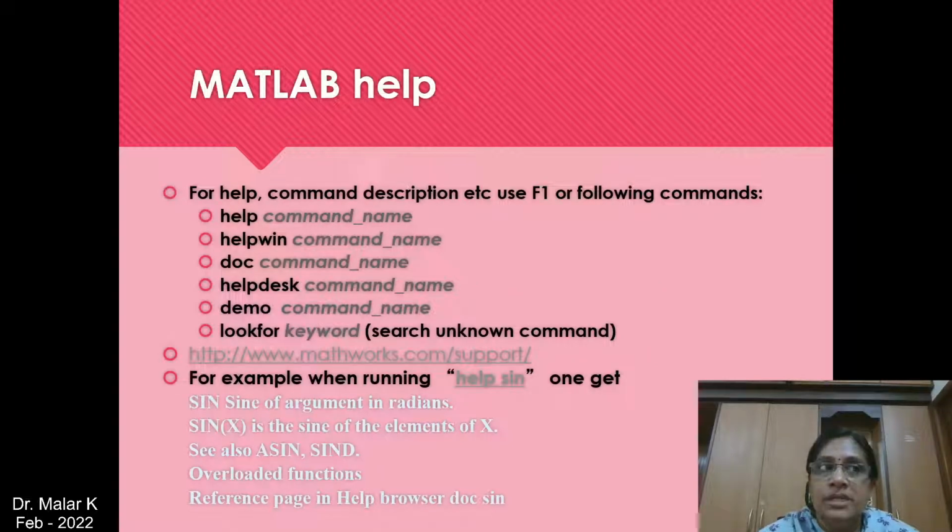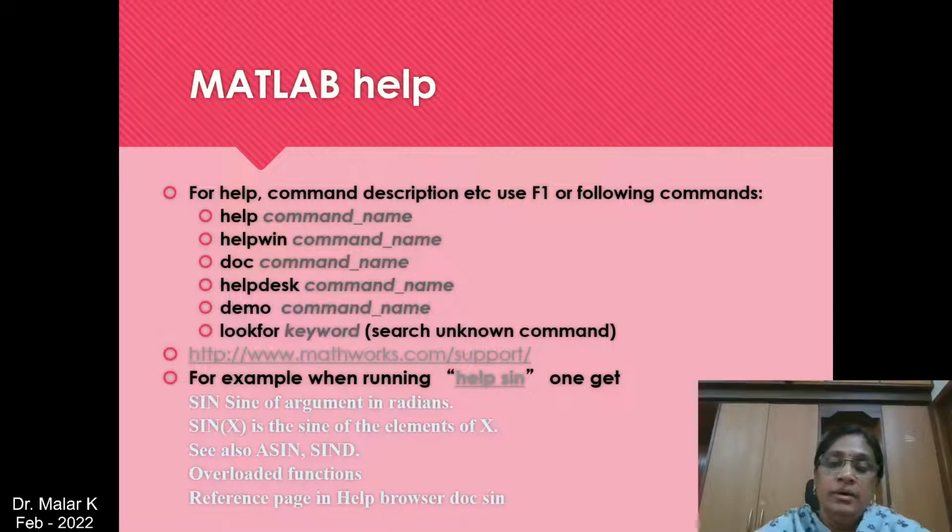For Matlab help, the help command description is available with F1 and the following commands: help command_name, and helpwin command_name. We can use the command name with respect to all these commands.